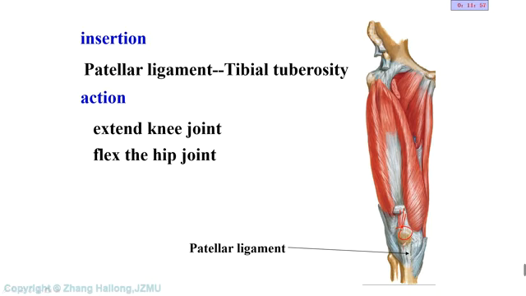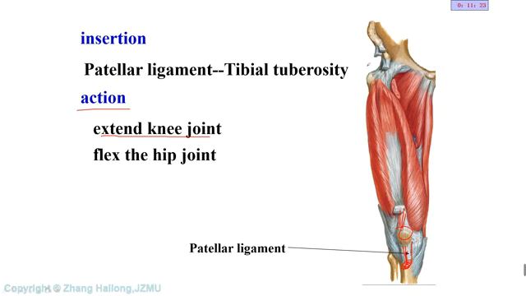And then the tendon will go downwards continually and end on the tibial tuberosity. Here's the end. The action: when this muscle contracts, it will make your tibia move forwards. This one is to extend the knee joint.